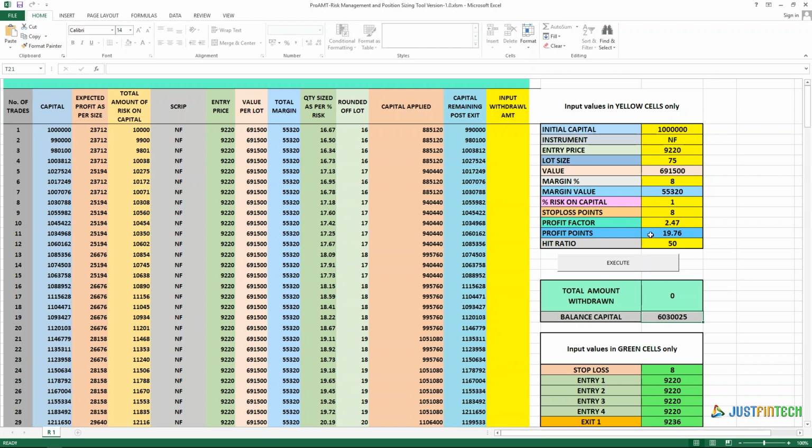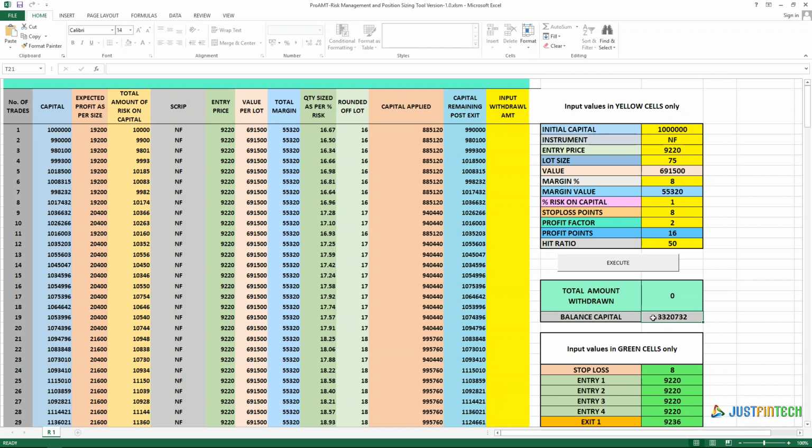But suppose your profit factor was less, suppose your profit factor was 2, that 0.47 difference in profit factor reduced your profits by 50% over 260 trades, at the same hit ratio. Because what happens is, when we are trading, we don't consider 1 or 2 points here and there as anything.